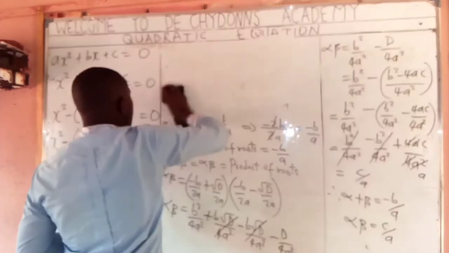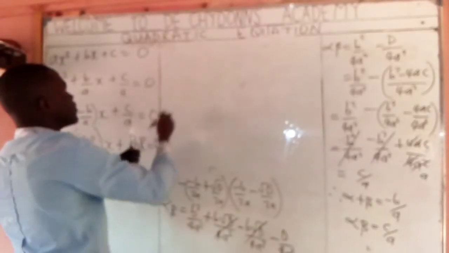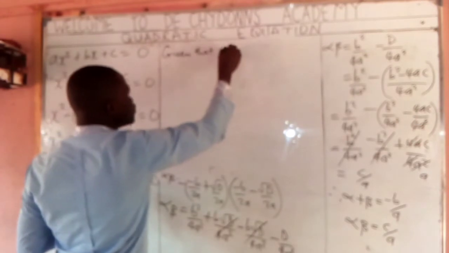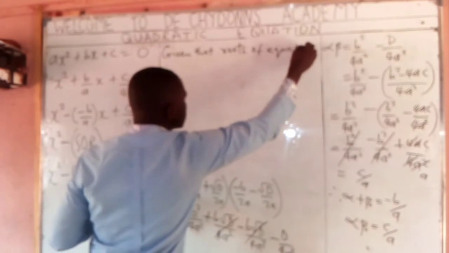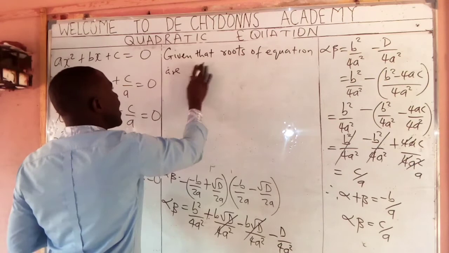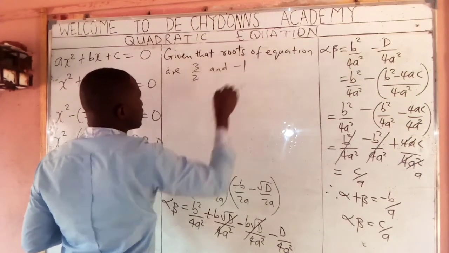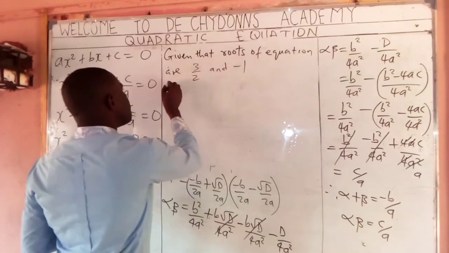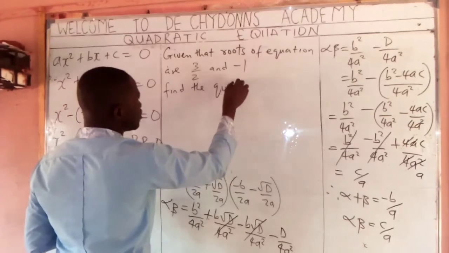they say, given question 1, given that the roots of the equation are 3 over 2 and minus 1. Then I say, find the quadratic equation.